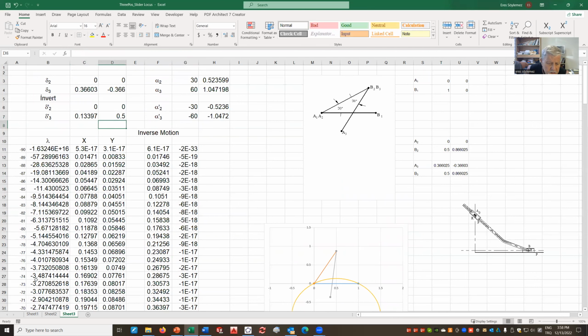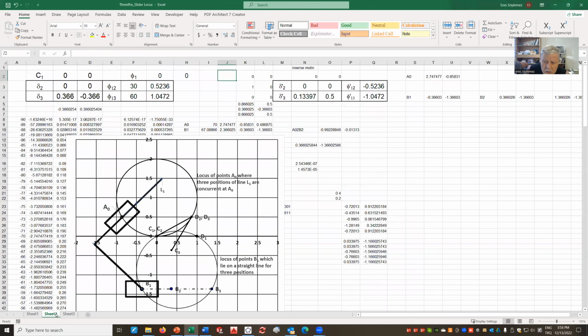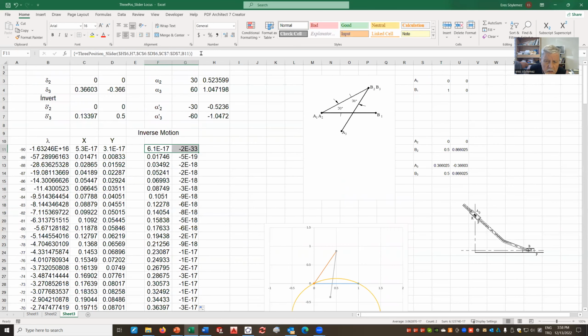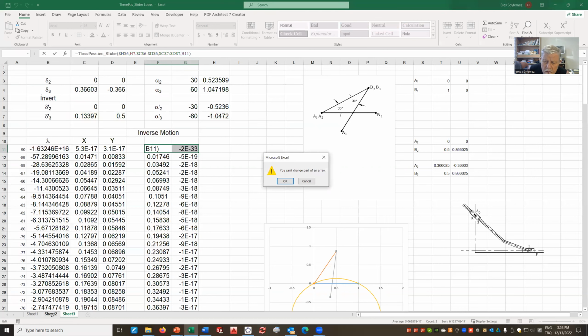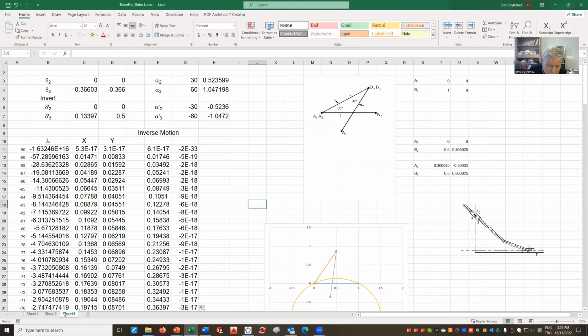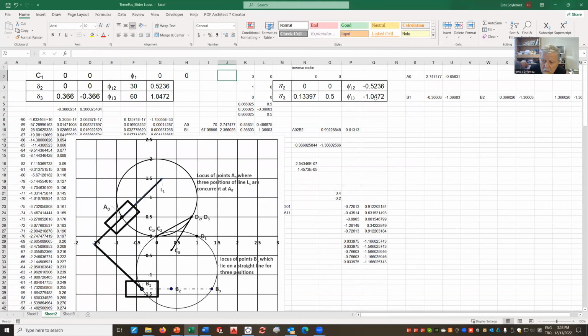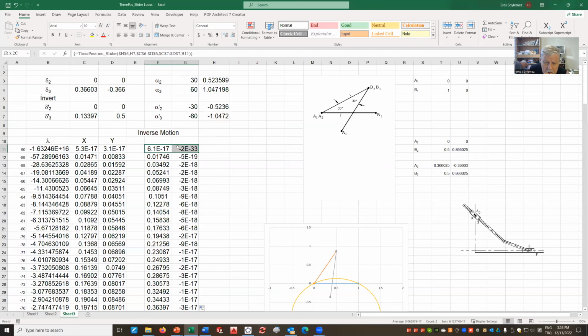That is correct. That is correct. Oh, I must have made a mistake in typing this.